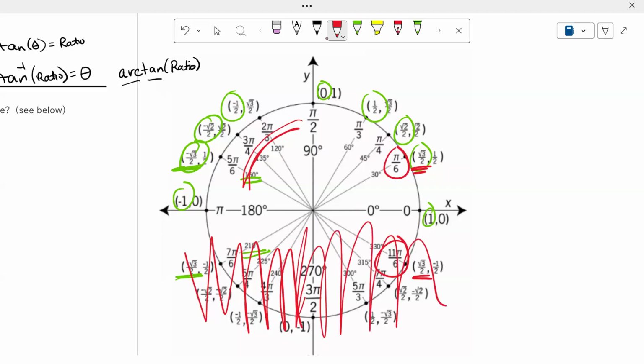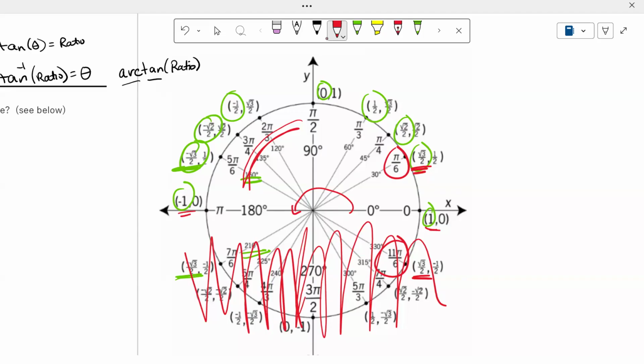We call this restricting the domain and restricting the range. Well, the range is generally restricted, but we're going to restrict the domain for cosine to go from 0 to 180 degrees. And the ratio goes from 1 to -1, or vice versa, really.